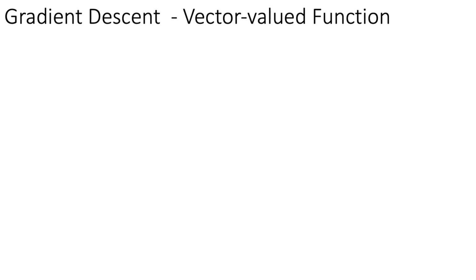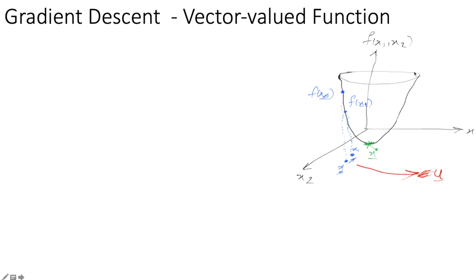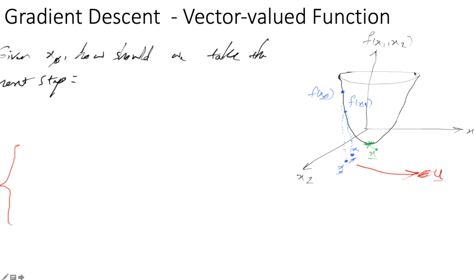All right. And that was the vector space presentation. We mentioned that we have a unit vector u that shows the spatial direction for our descent.